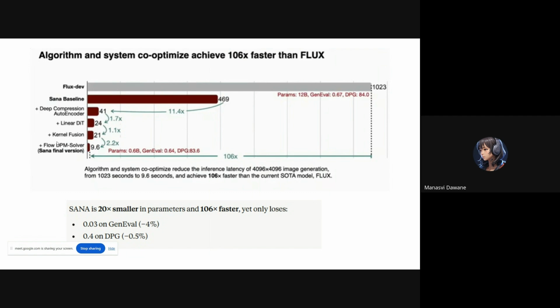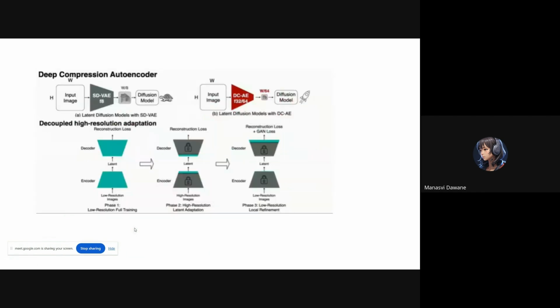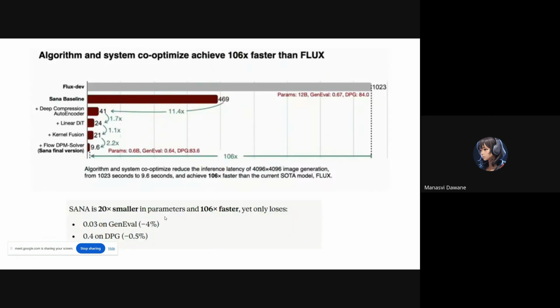In kernel fusion, it combines multiple GPU operations into one single GPU kernel instead of launching them separately. And in DPM solver, it reduces the number of denoising steps. For example, if something takes 20 steps, it will reduce it to 10 steps. So even though Sana is 2x smaller in parameters, it is 100 times faster.